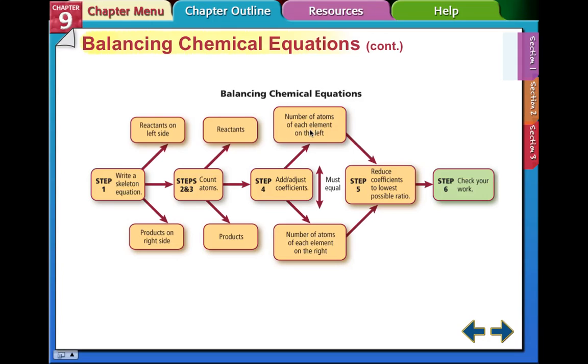The number of atoms of each element on the left-hand side and the number of atoms of each element on the right-hand side must be equal. If they don't, you have to add those coefficients. Make sure the coefficients are reduced to the lowest possible. And then go back through and double check your work.